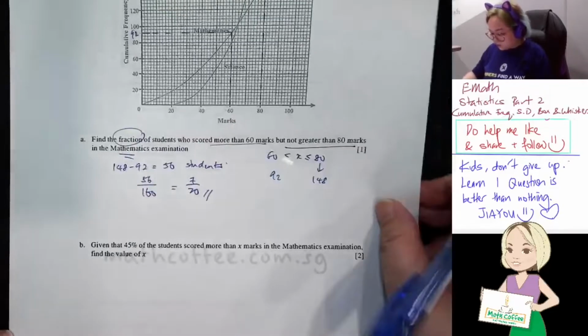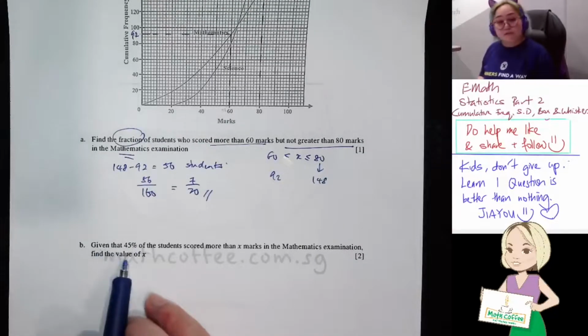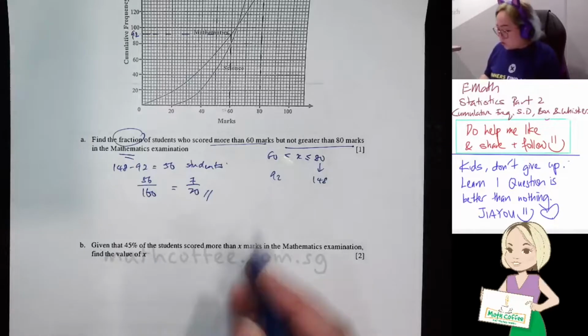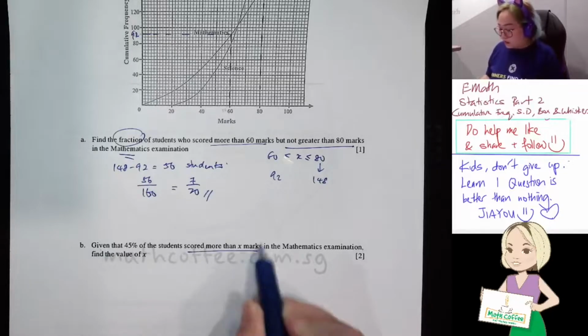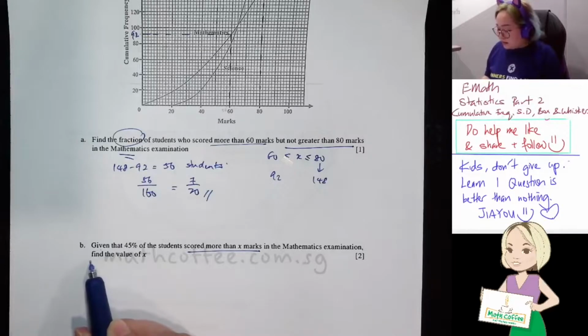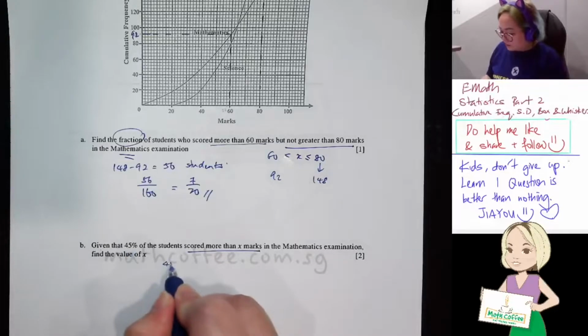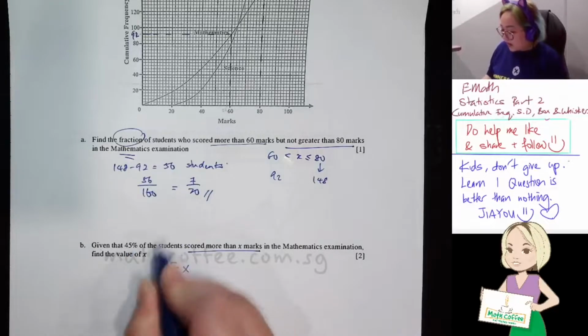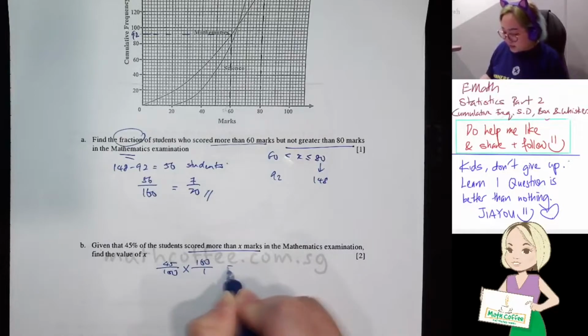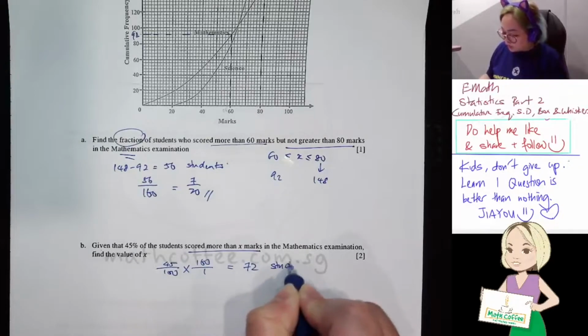Next. Now they say, given that 45% of the students score more than X marks, find the value of X. So let's find my 45%. 45% out of 160 students, they are talking about 72 students.